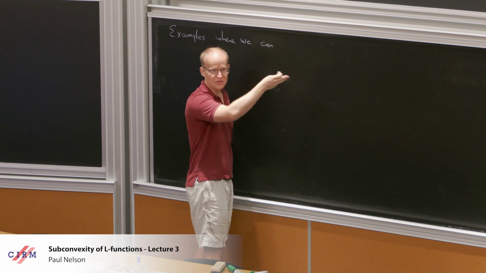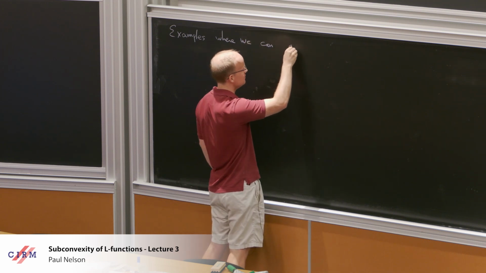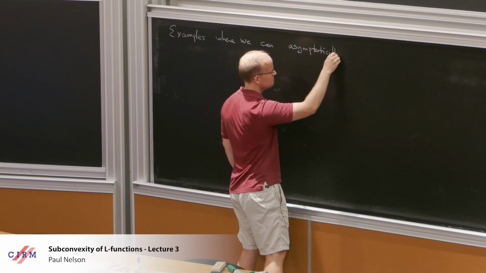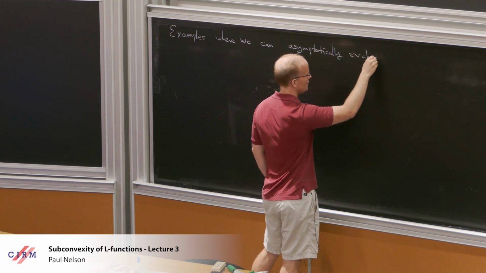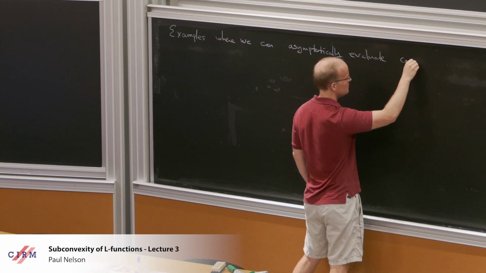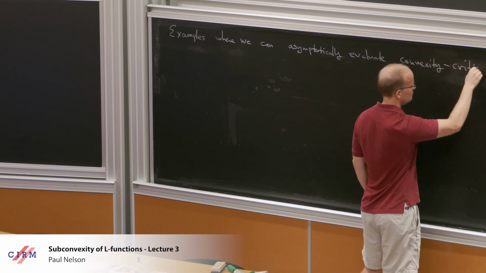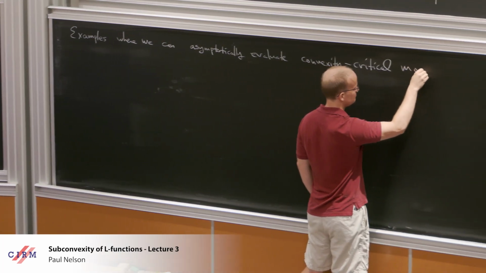So I could write "do this," meaning what we just described, but maybe to make it clearer, we can asymptotically evaluate what I'll call convexity critical moments.